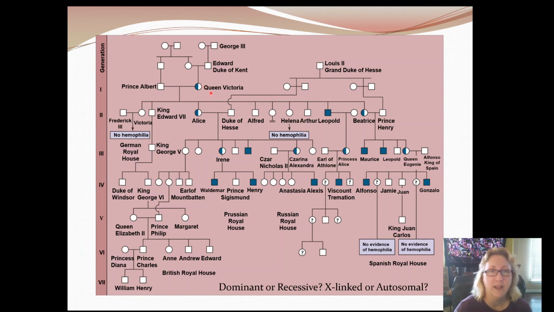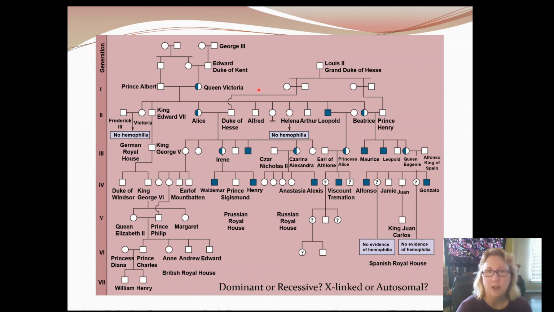It's believed that a new mutation occurred in Queen Victoria, because the royal family has extensive genealogy and medical records going back many generations. Even though medical practice wasn't what it is now, notes from the royal physicians have survived for many hundreds of years.